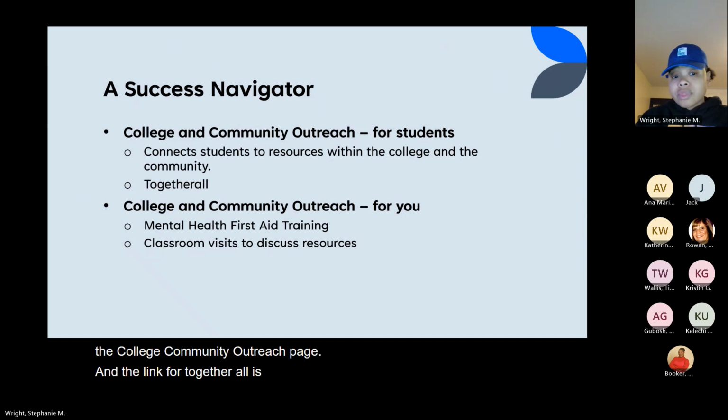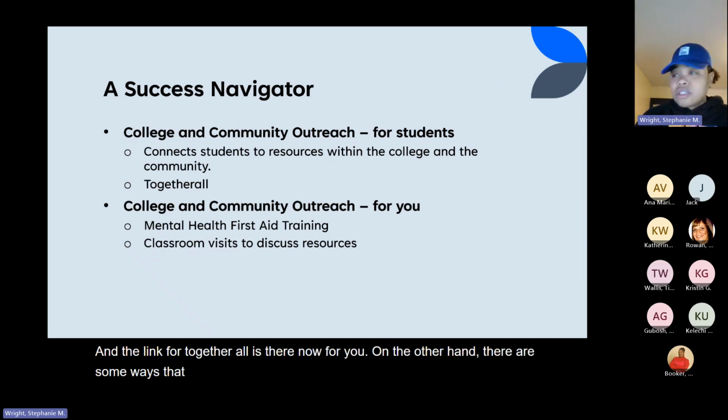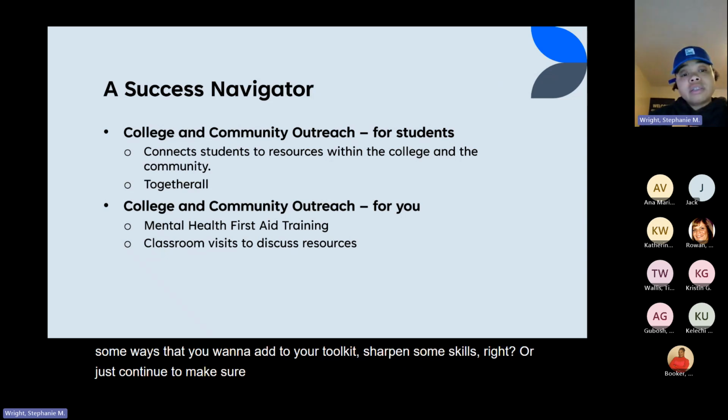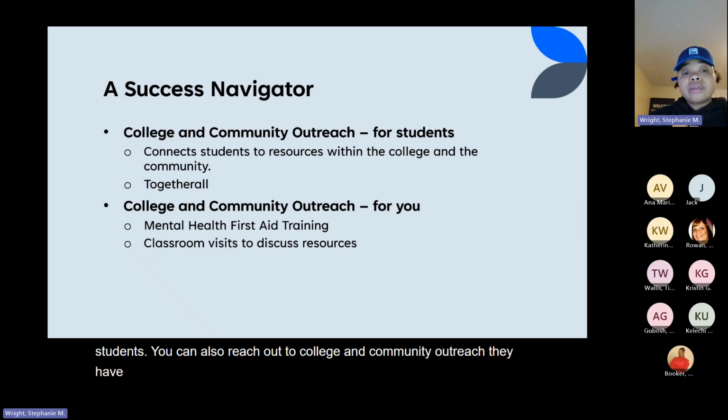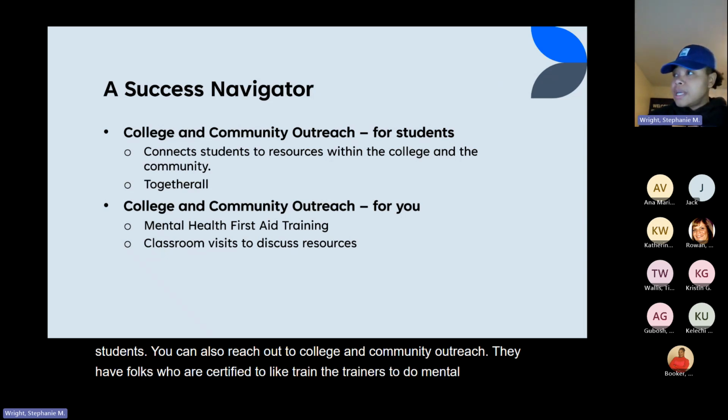Now, for you, on the other hand, there are some ways to add to your toolkit, sharpen some skills, or just continue to make sure that these resources are widespread to your students. You can also reach out to College and Community Outreach. They have folks who are certified to train the trainers to do mental health first aid training.